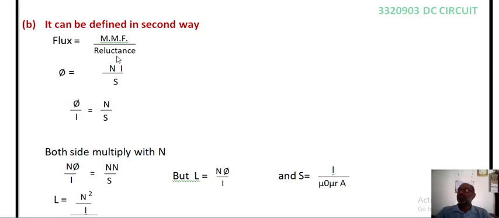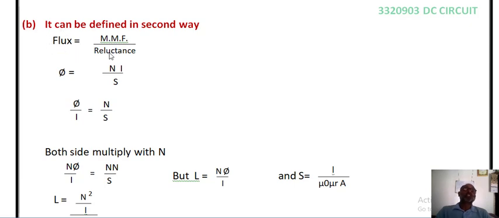Do you understand the difference between EMF and MMF, reluctance and resistance, and flux and current? MMF is the force required to produce magnetic flux, and it is directly proportional. And reluctance is a property of material which opposes the flow of flux.